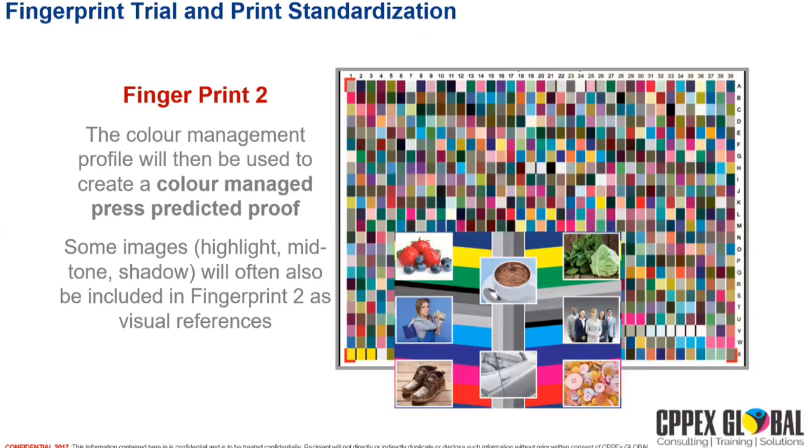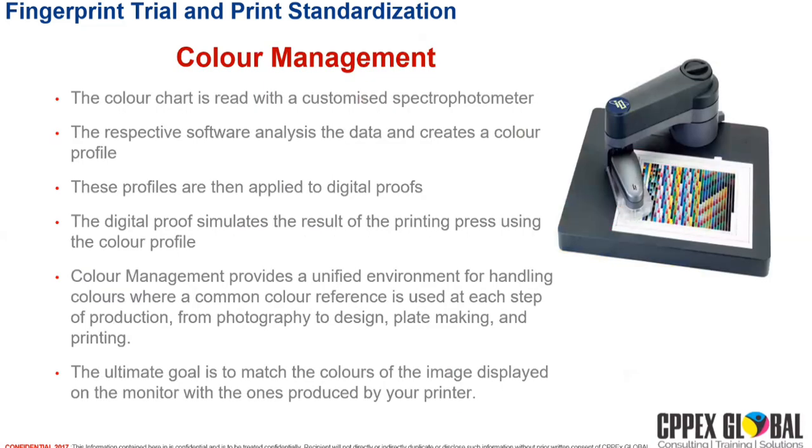The fingerprint 2 explains the color management profile, which will then be used to create a color managed press predicted proof. Some images will often also be included in fingerprint 2 as visual references. So, lastly, the importance of fingerprint for color management: when we conduct the fingerprint trials, we measure the tints as well as overlapping color trapping. This will help in the case of color management.